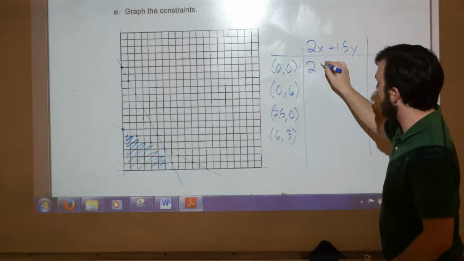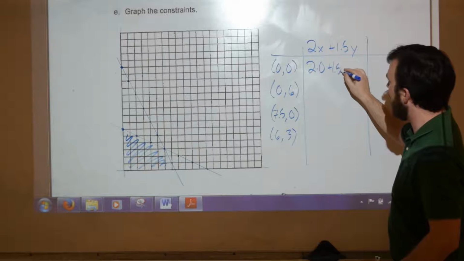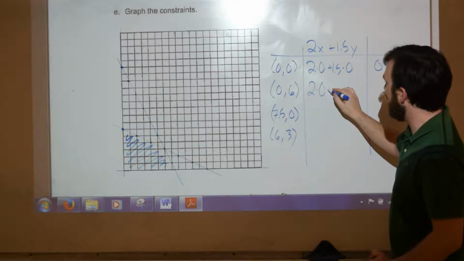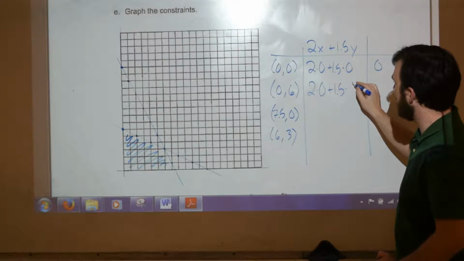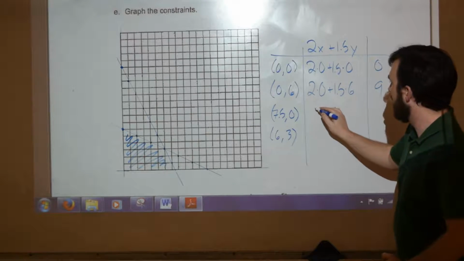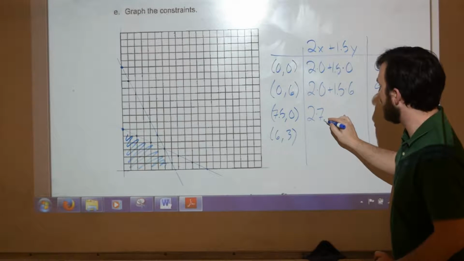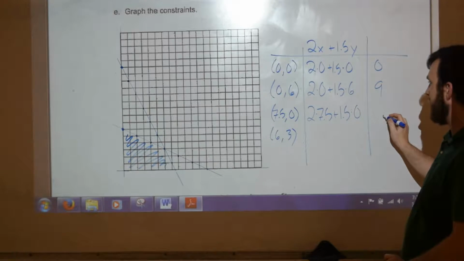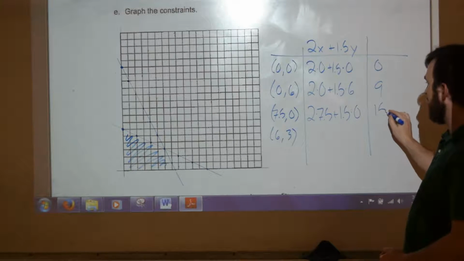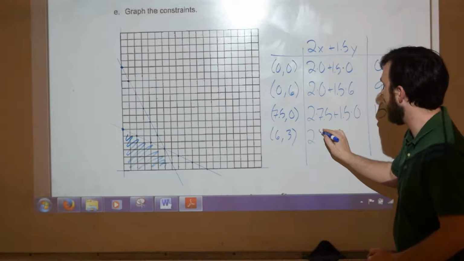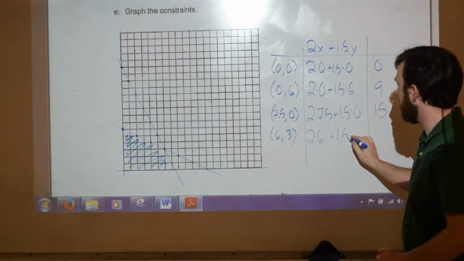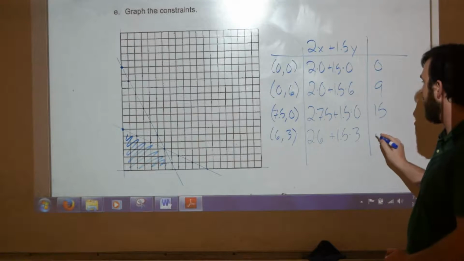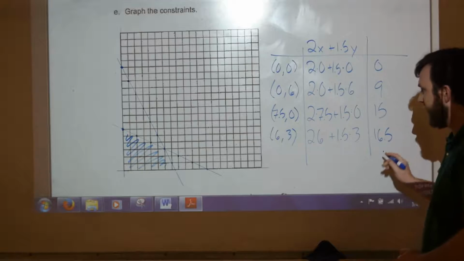So we have 2 times 0 plus 1.5 times 0. We have 2 times 0 plus 1.5 times 6. Let's see, 2 times 7.5 plus 1.5 times 0. Okay, and then we have 2 times 6 plus 1.5 times 3. 12, and that would be 4.5, so I think 16.5.